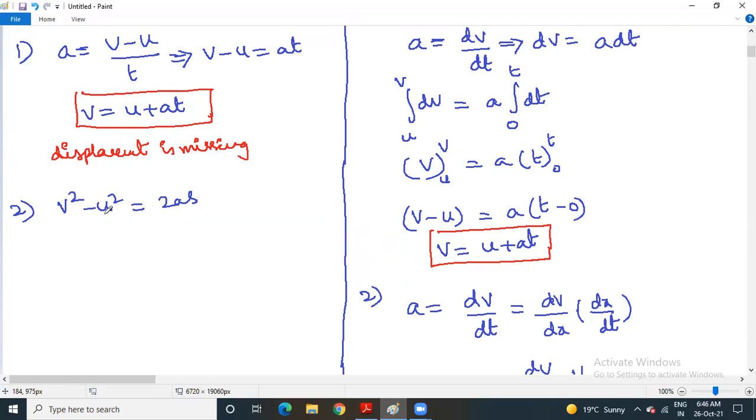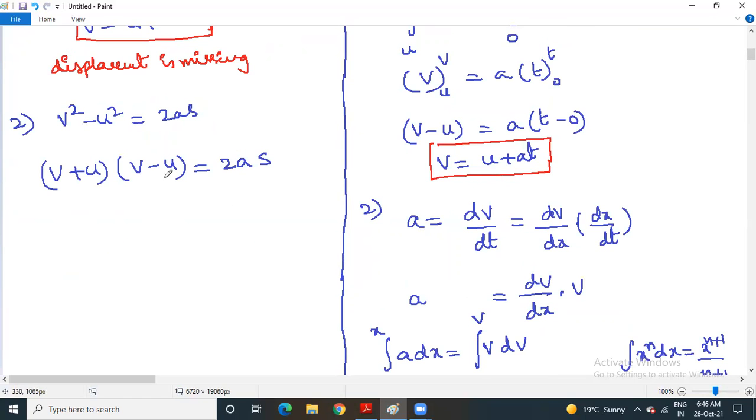Now, how does it look? a square minus b square. So you can say (v plus u) into (v minus u) is equal to 2 into acceleration and total displacement s. You bring this side. So therefore v plus u, and v minus u is equal to, what is acceleration once you get back? (v minus u) by t into s.